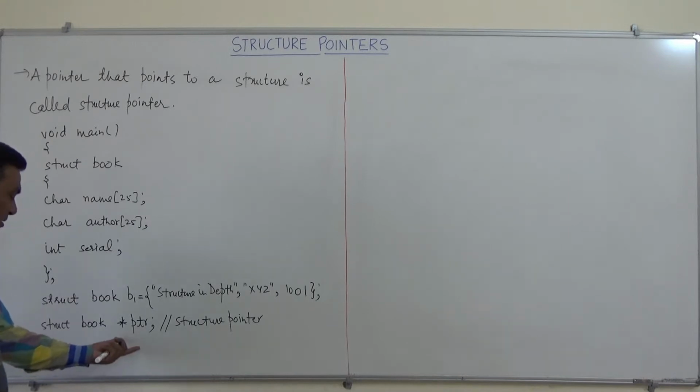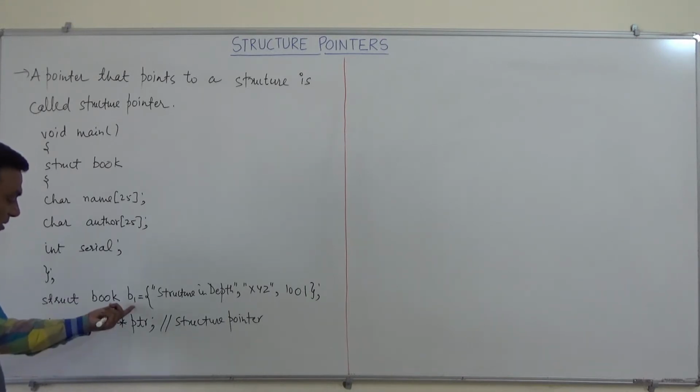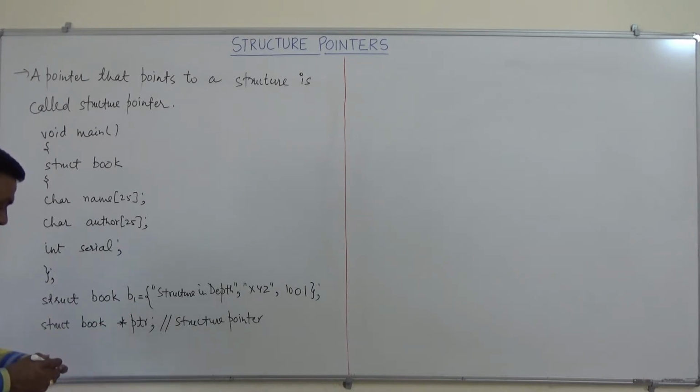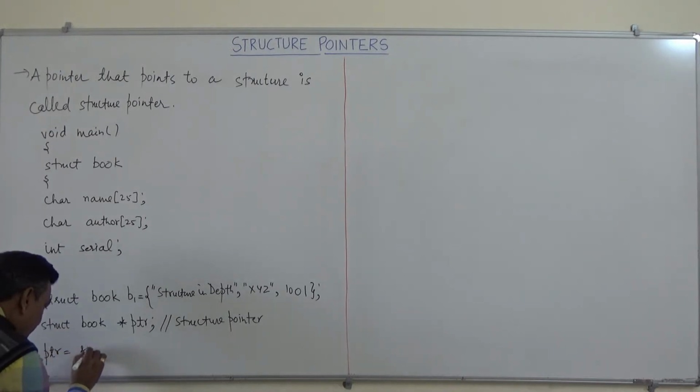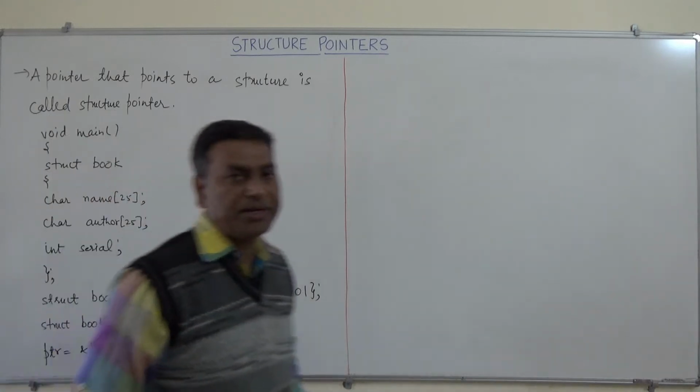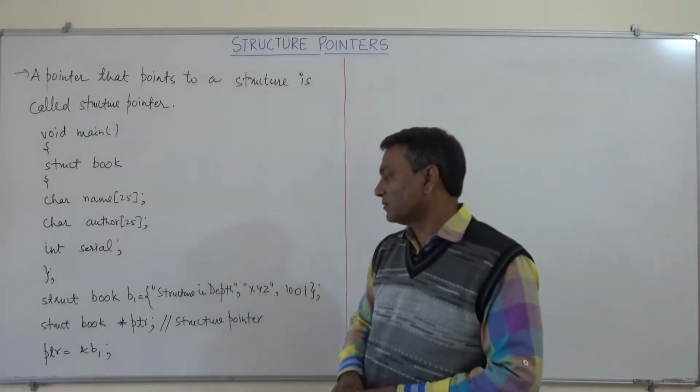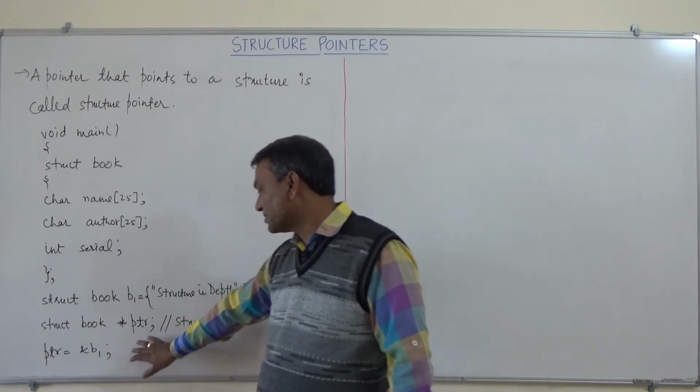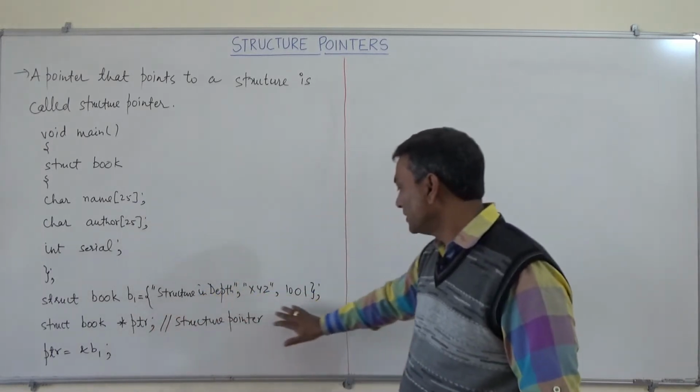It means this will hold the address of a structure, that is, the address of this b1. So now we can write further, say ptr equals &b1. It means this pointer will hold the address of b1, that is, the address of these elements.